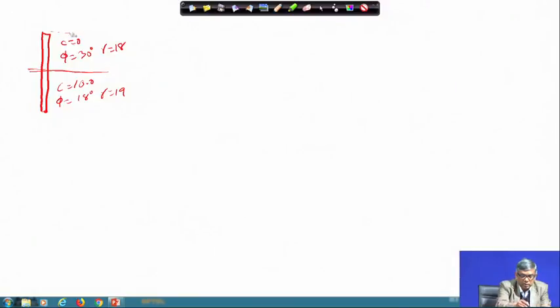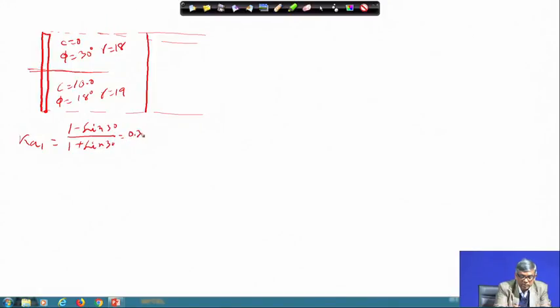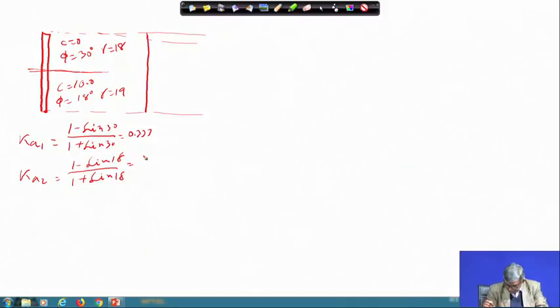So, we can now find the pressure diagram here. Once again we find Ka1 equal to 1 minus sin 30 divided by 1 plus sin 30, equal to 0.333, and Ka2 will be equal to 1 minus sin 18 by 1 plus sin 18. So, that gives you 0.53.